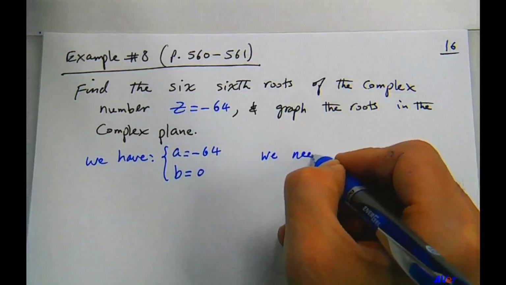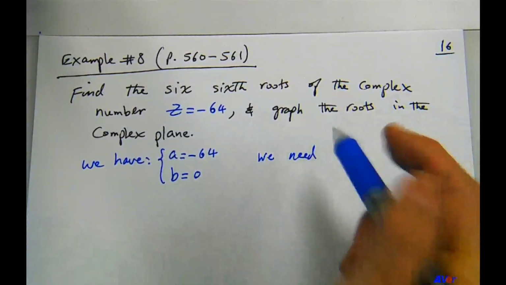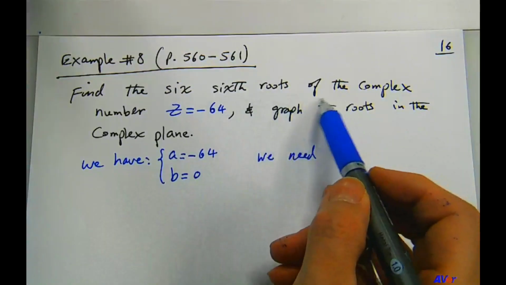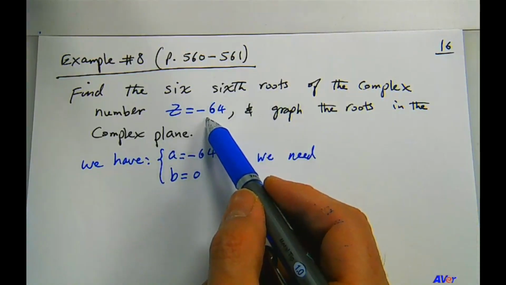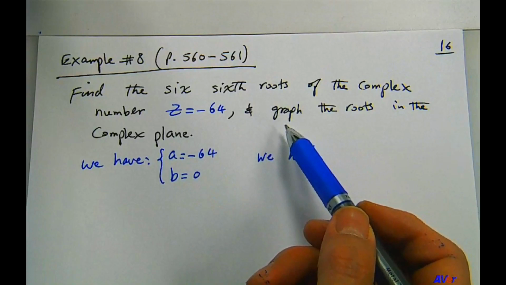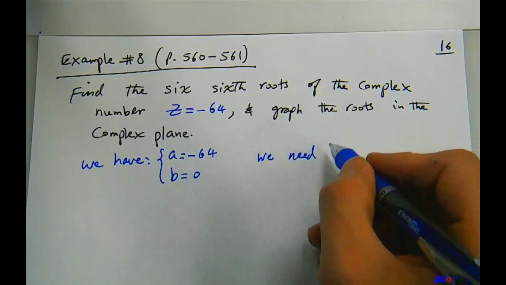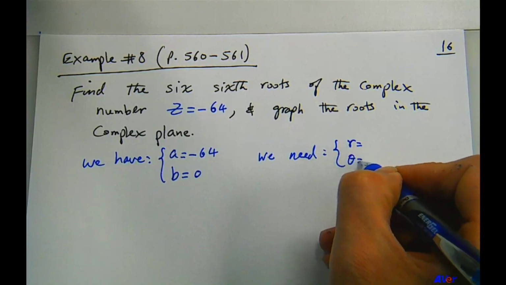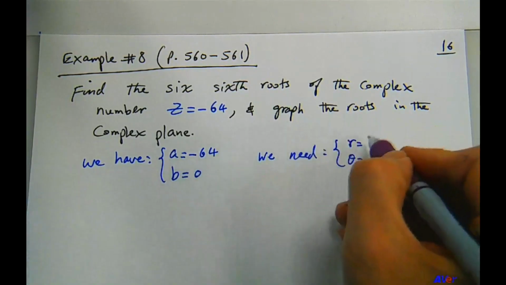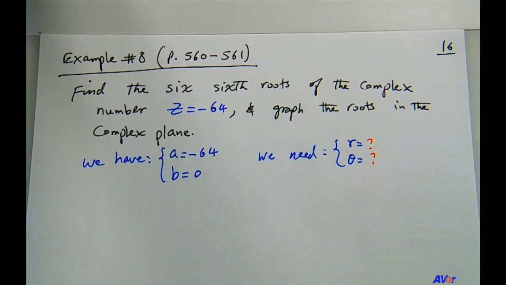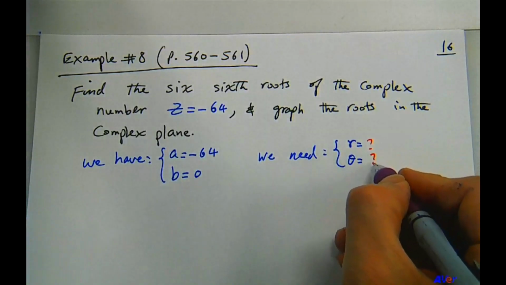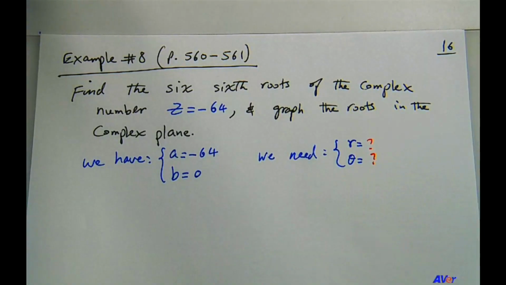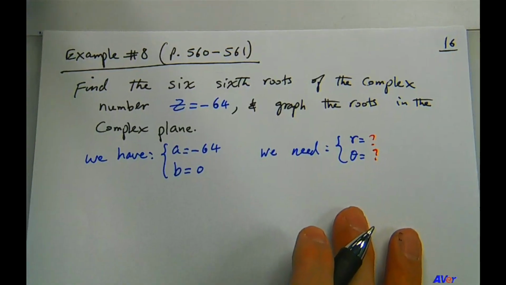And in order to find the 6 roots, we need to convert this to a polar complex number, right? So what do we need for that? We need the R value, and we need the theta value. Finding R is very easy.